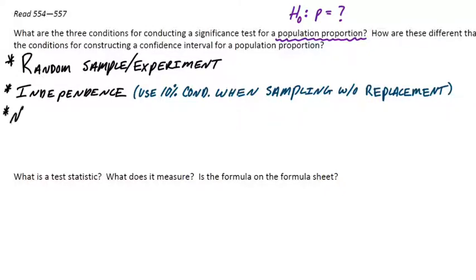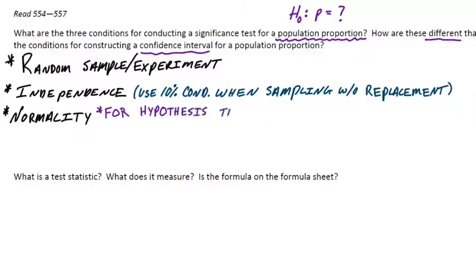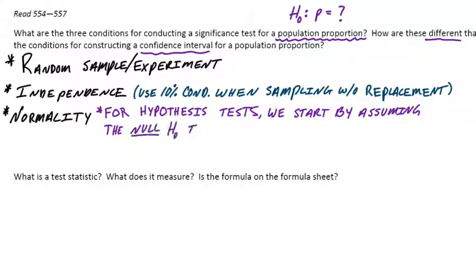A little bit of a change comes in the normality condition. So how is it a little bit different than the one for confidence intervals? Well, when we're conducting hypothesis tests, we always start out like we're trustworthy people, I guess, right? We start out by assuming that the null hypothesis is true.